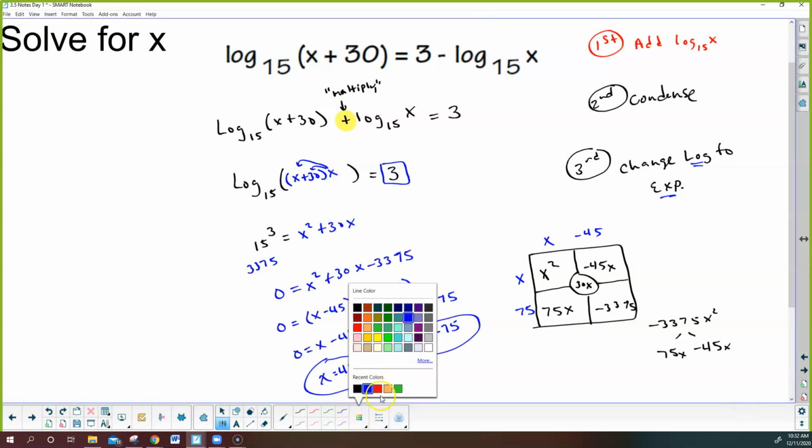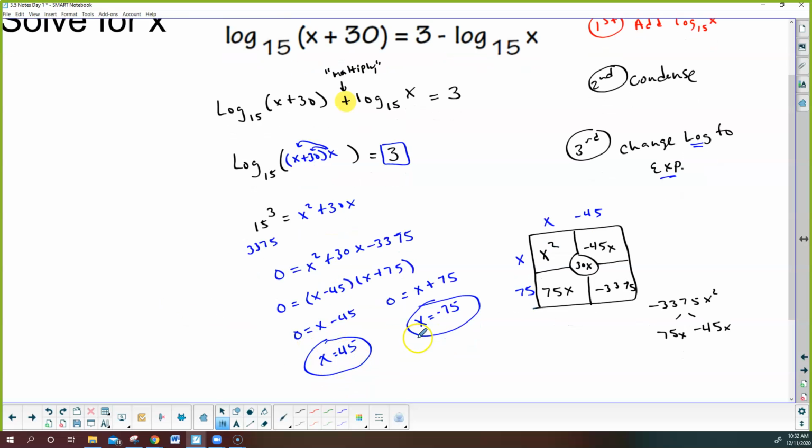And here's where students usually stop. And we got to warn you about that. We're not technically happy with our answers until we just confirm that they both work. They could both work, one could work, or potentially both be extraneous solutions, which would be kind of rare, but I guess that could happen.